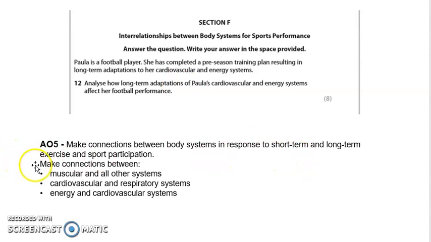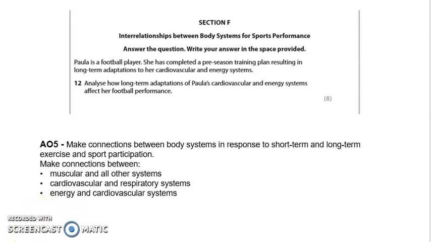In the spec, it asks you to make connections between, or be prepared to make questions between, the muscular system and every other system we've studied, the cardiovascular system and the respiratory system, and then energy and the cardiovascular system. So here we're being asked to do this, aren't we? So energy system and the cardiovascular system is what this question is asking.